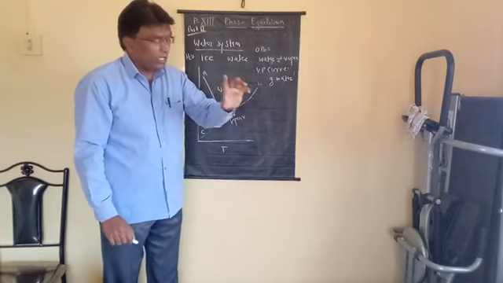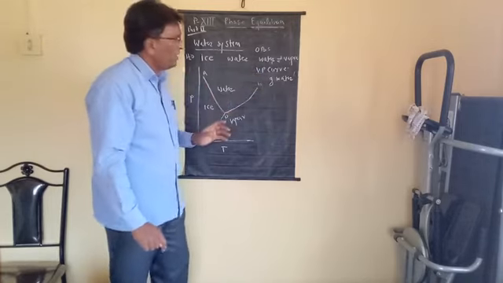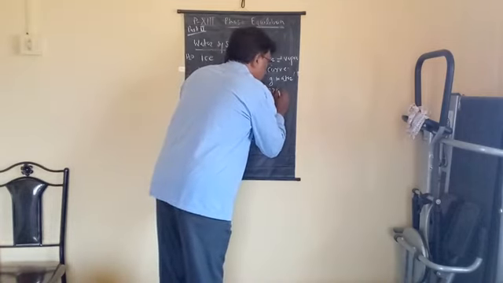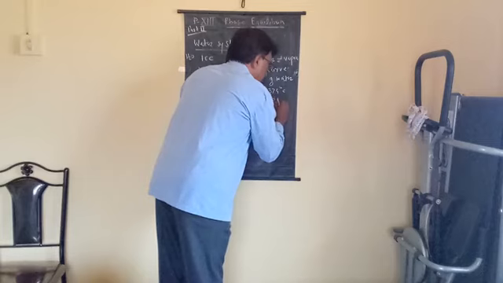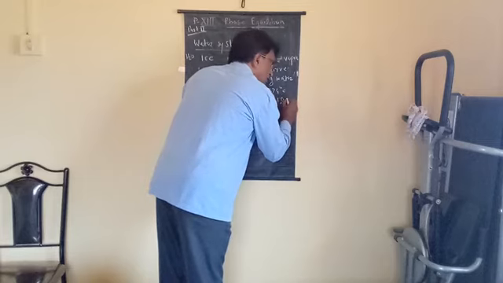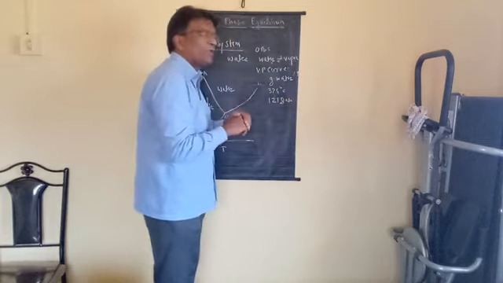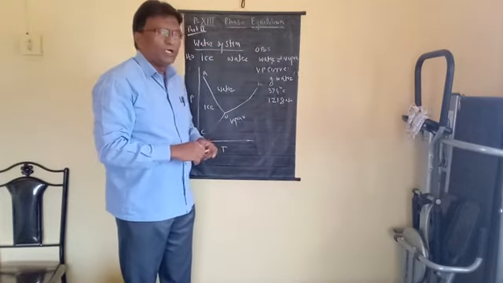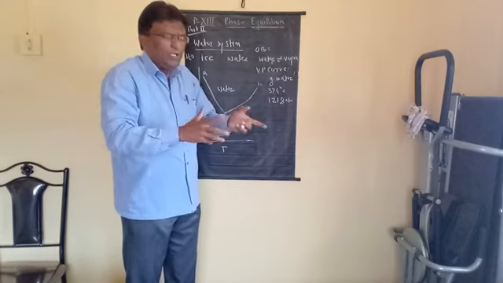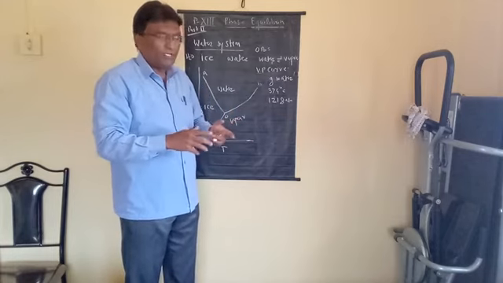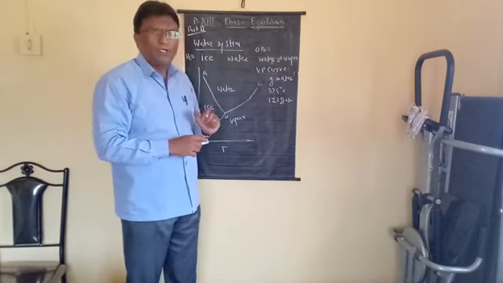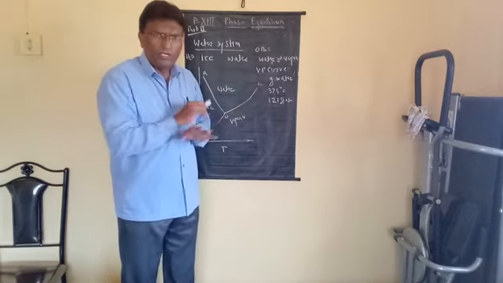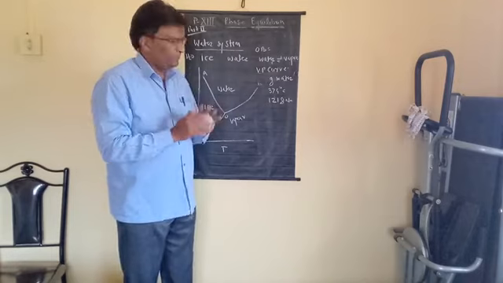Beyond that, we cannot, because at this particular point B the temperature is 374 degrees centigrade and the pressure is 218 atmosphere. If we add water in this condition, that water immediately gets vaporized. That means this is the critical point up to which we can measure the vapor pressure of water.